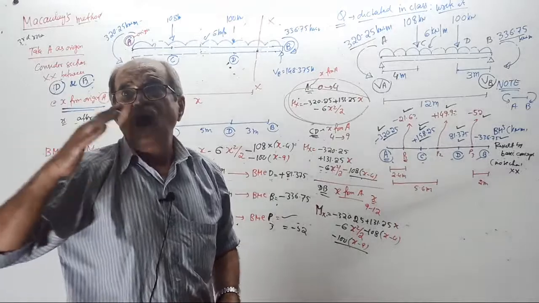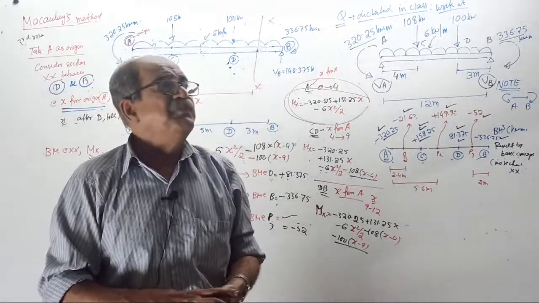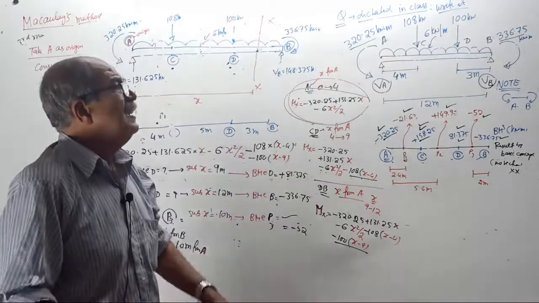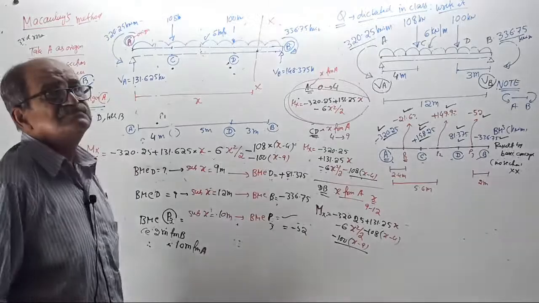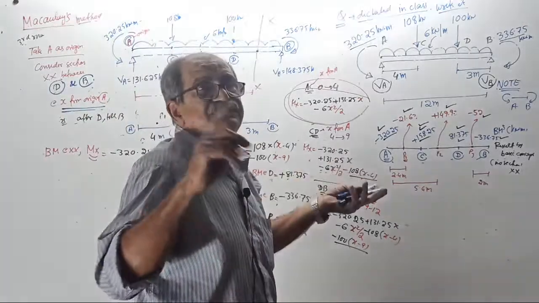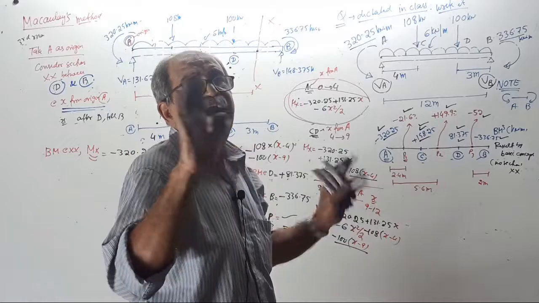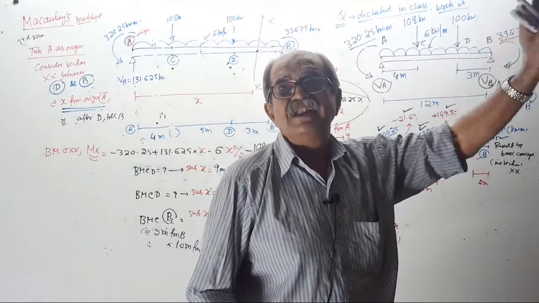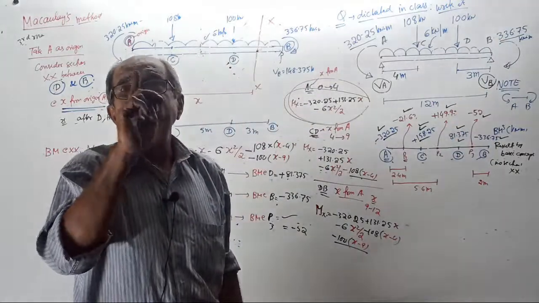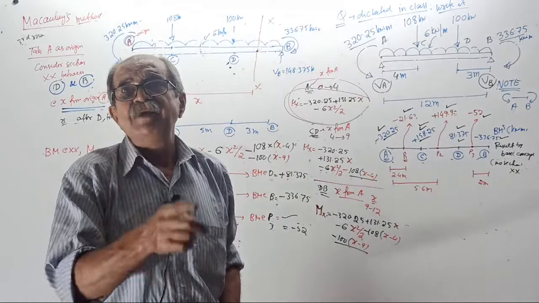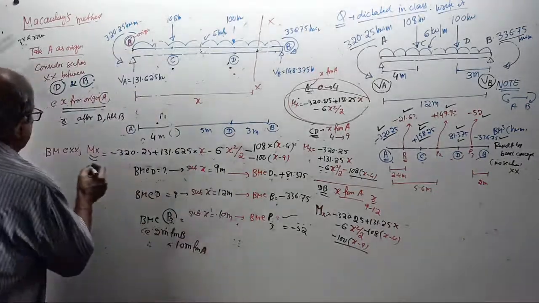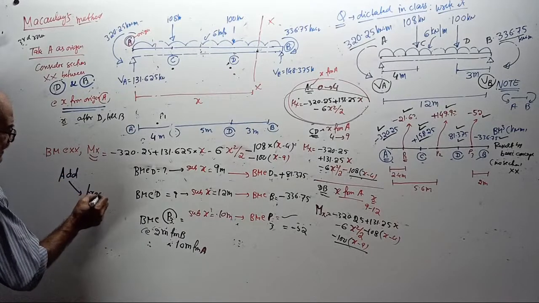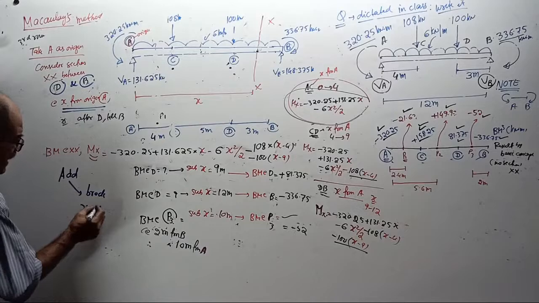So as you go along the beam, if you take the origin from the same point for different parts, the expression for BM will be some expression for the first part. When you go to the second part, same expression plus an addition. When you go to one more part, again the same expression plus some addition. The addition term will always have a bracket in the form of x minus something.